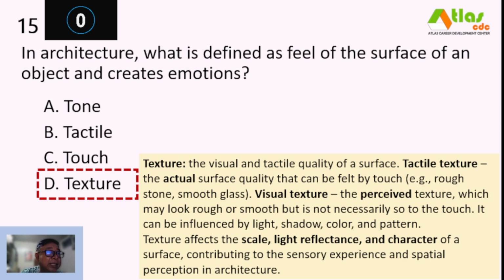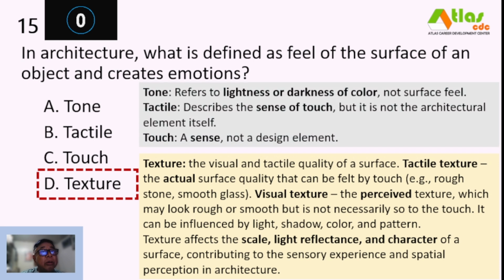Texture affects the scale, light reflectance, and character of a surface, contributing to the sensory experience and spatial perception in architecture. Tone refers to the lightness or darkness of color, not the surface feel, and tactile describes the sense of touch, but it is not the architectural element itself. And touch is a sense, not a design element.